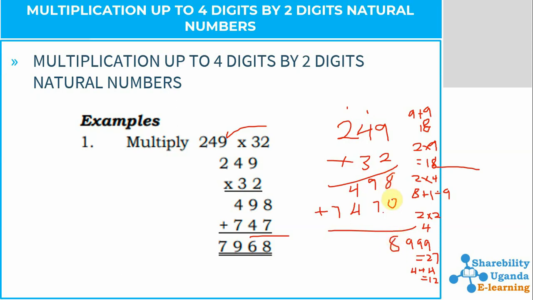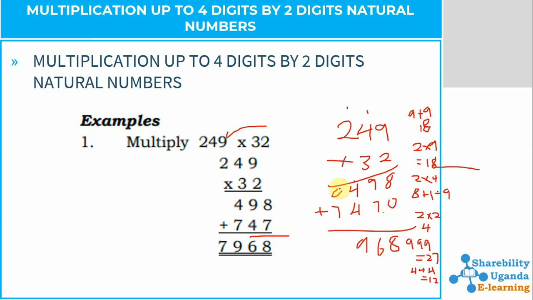8 plus 0, then what is 7 plus 9? You get 16. So we write a 6 and carry 1. What is 4 plus 4? Becomes 8. Then this plus our 1 we carried, it becomes 9.